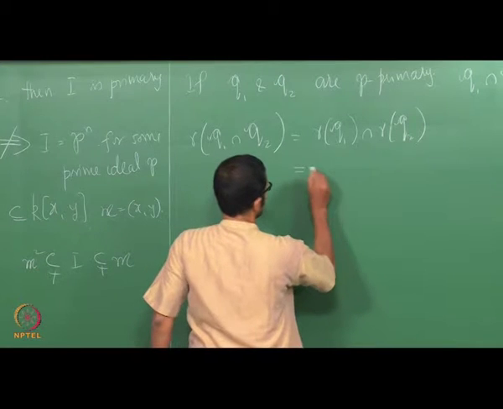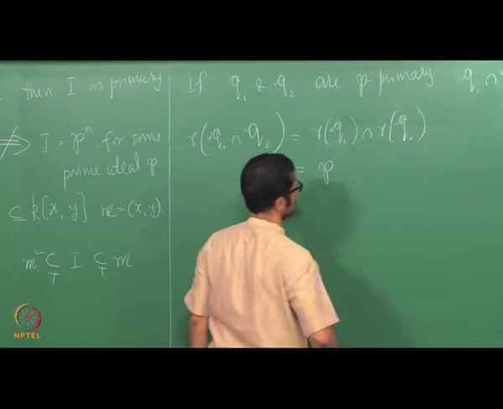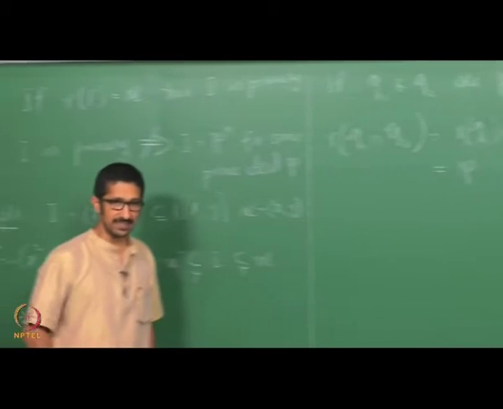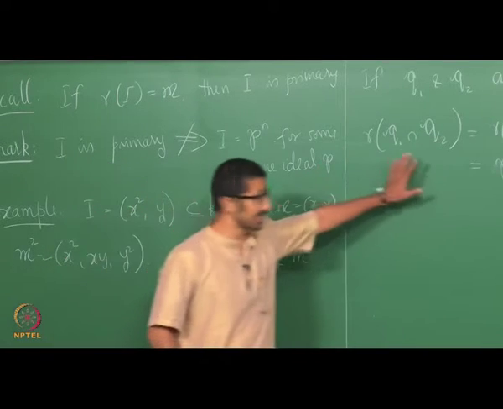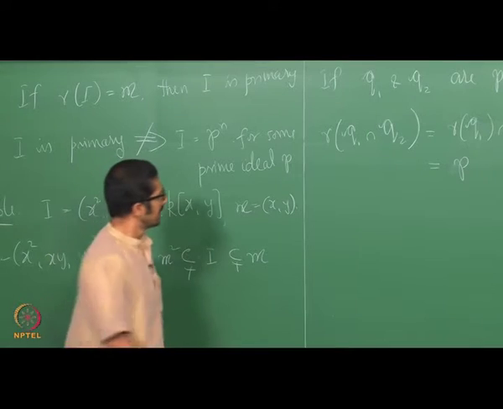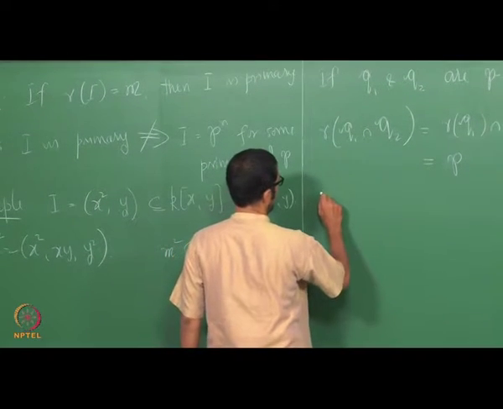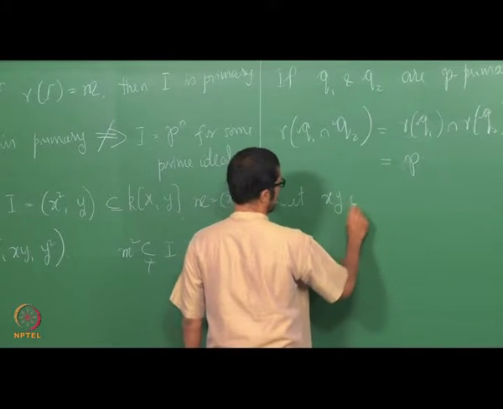So this implies that the radical of the intersection is equal to p. But that does not mean that the intersection is primary, right. Let's see if we can prove that it is primary or not.